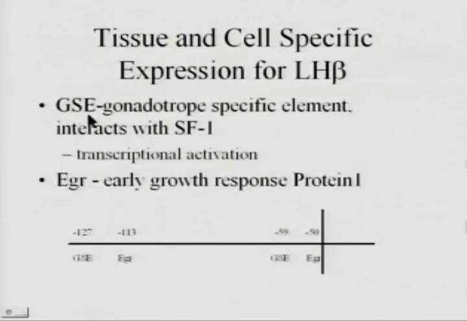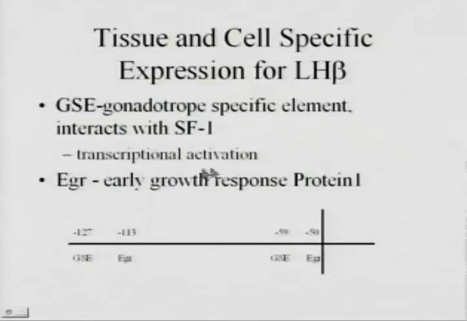So there is a GnRH specific element that has been detected through analysis of the promoter region of the LH beta gene, and actually there are two of them. There is an interaction with SF1. We recognize that. We'll talk about it a bit more in a moment.